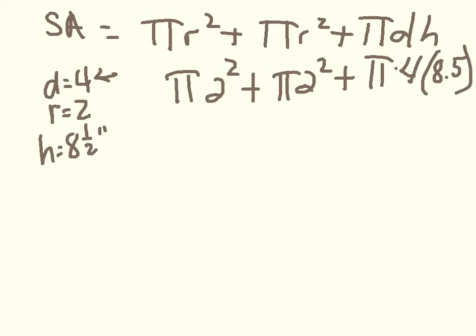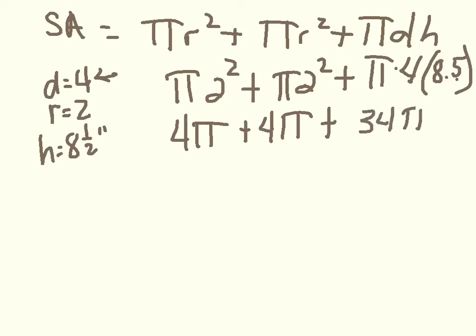My first circle, 2 squared, that's 4 pi, plus 4 more pi. 4 times 8.5 is 34, so I've got 34 pi there. So 4 pi, 4 more pi, and 34 pi is going to be 42 pi for the surface area of my cylinder.